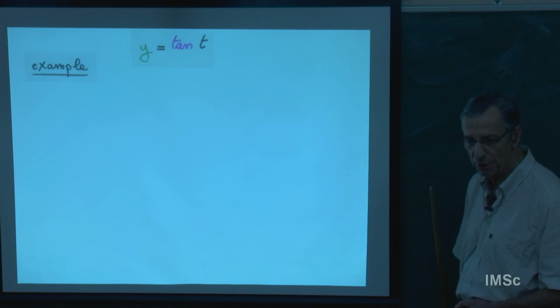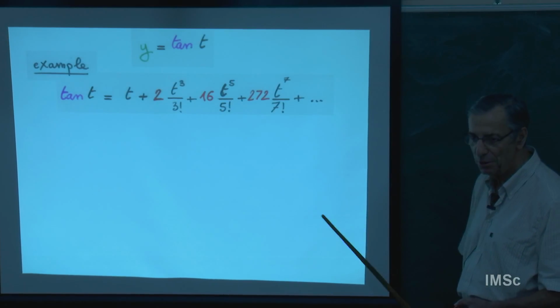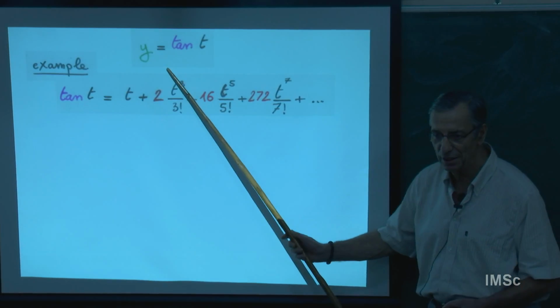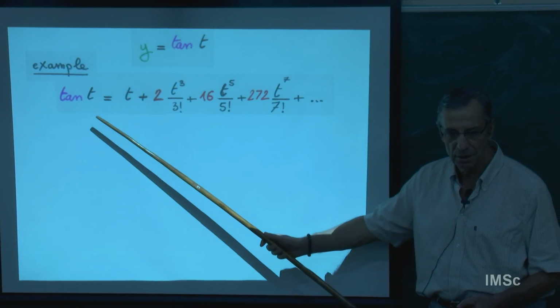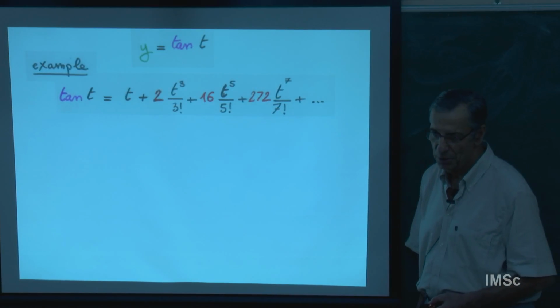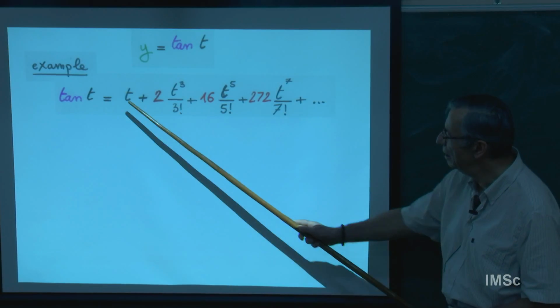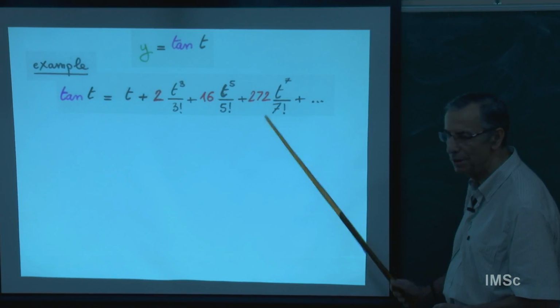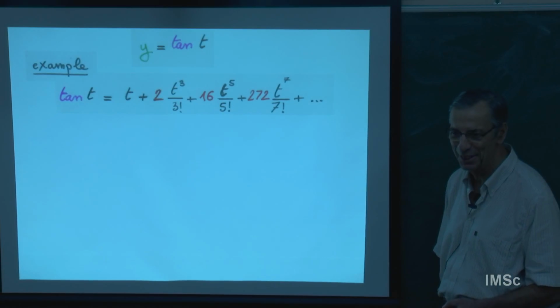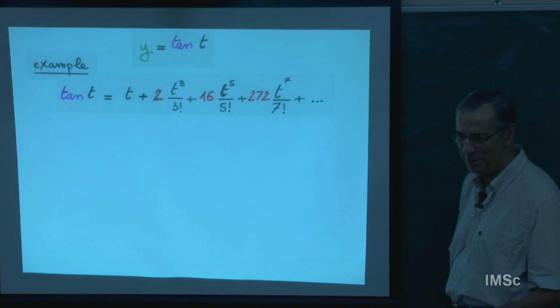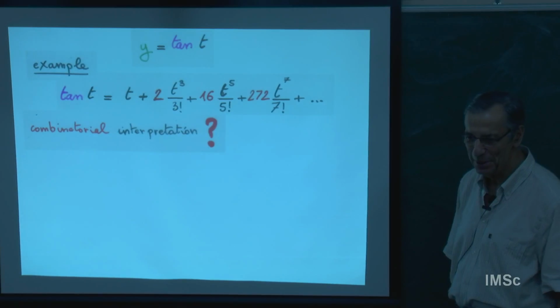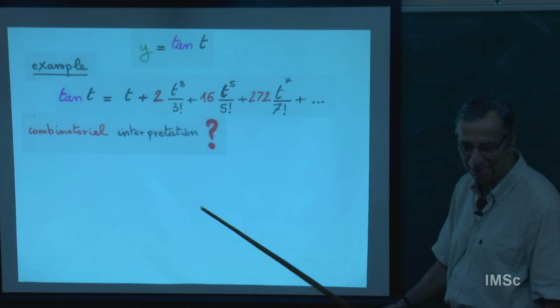So let's take the reverse behavior. You start from a classical analytic function like tangent t. You expand it as a formal power series in exponential notation, and 1, 2, 16, 272, you get some positive integers. So immediately a problem: these positive integers must count something.